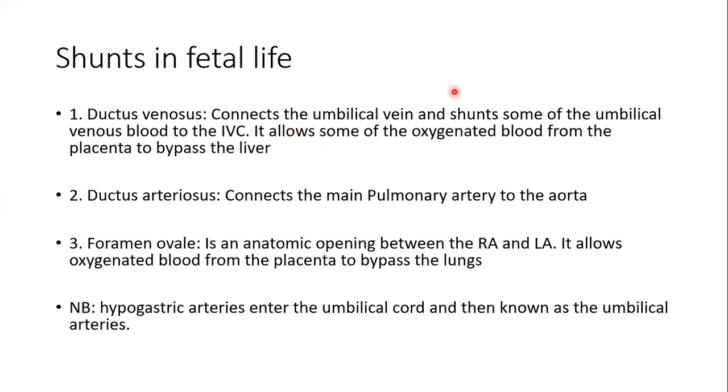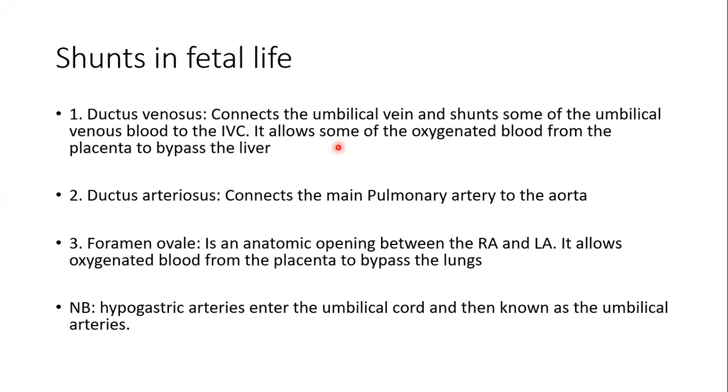So this is showing the shunts that are present in fetal life. The ductus venosus is the one that connects the umbilical vein to the IVC. It shunts some of the placental blood that goes through the umbilical vein.